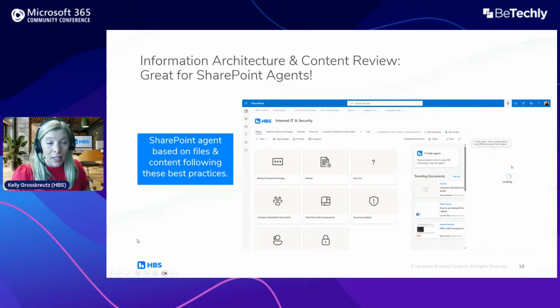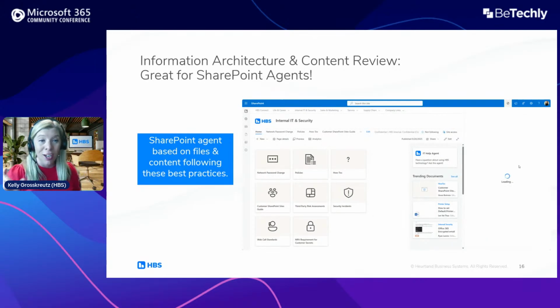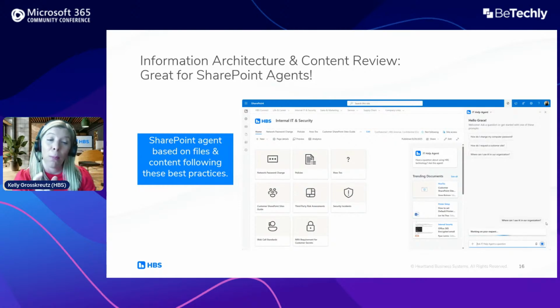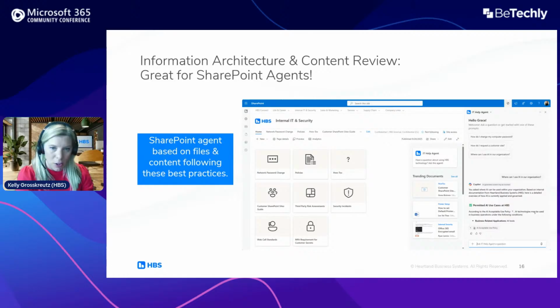And a great information architecture and content review then feeds into really helpful agents. What you see animating on the screen is an IT help agent that we placed on our own intranet so that people can ask, how do I reset my password, or how do I request a customer site?